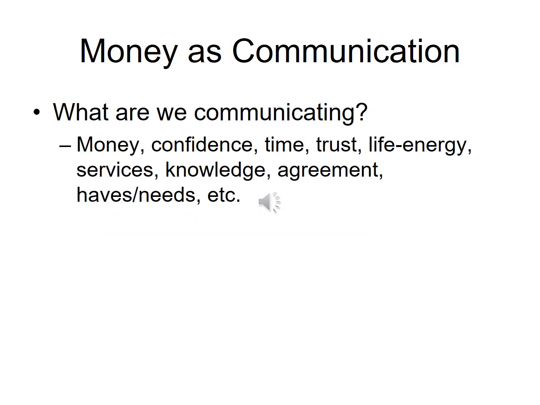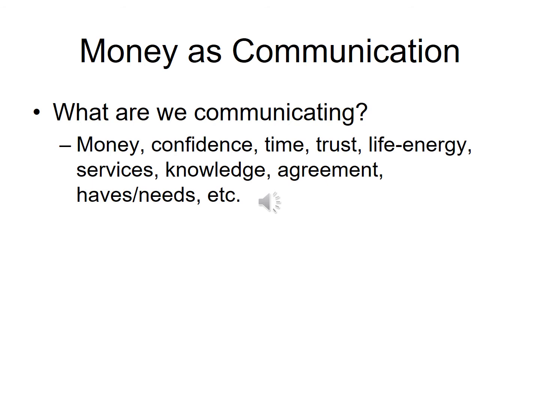Let's think for a moment about the true historical meaning of money. When you're giving someone money to get something, what are you communicating to them by giving them money? Money is supposed to communicate confidence, that time was put into that product, a trust that it's valuable. This is life energy that you did. Let's say someone made a basket and you're buying it from them.